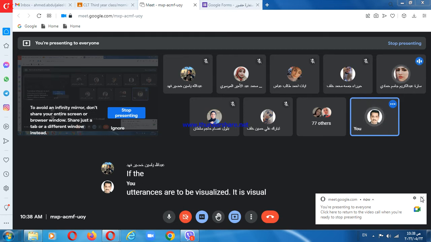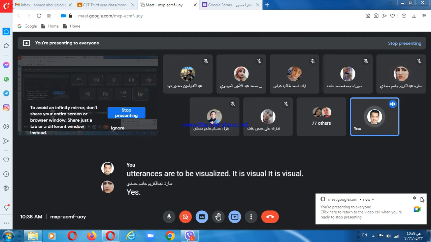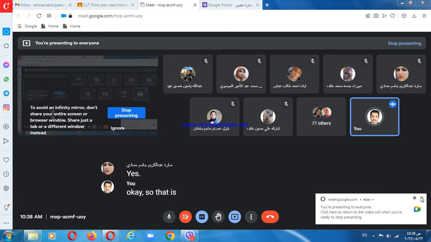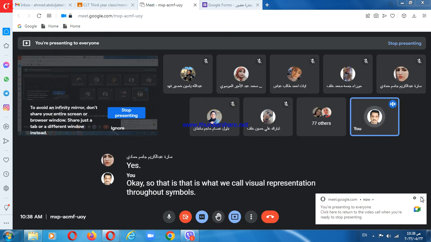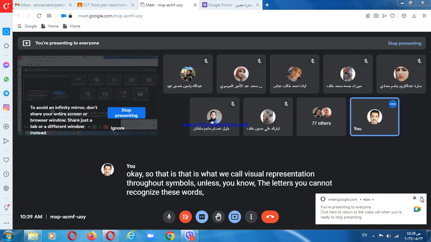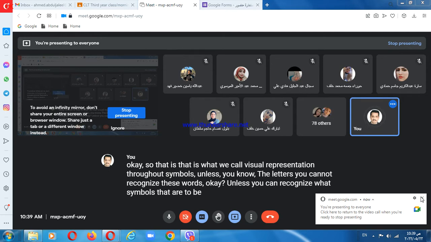So that is what we call visual representation through symbols. Unless you know the letters, you cannot recognize these words. Unless you can recognize what symbols are used, you cannot understand what is written.